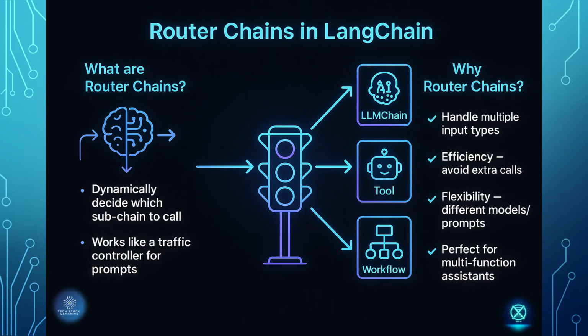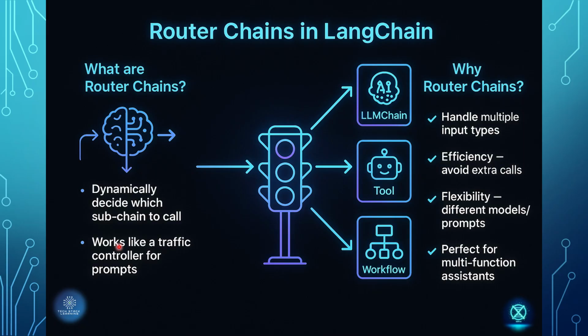So what are router chains? A router chain allows you to dynamically decide which subchain, LLM chain, tool, or agent to call based on the input. Think of it as a traffic controller for prompts.